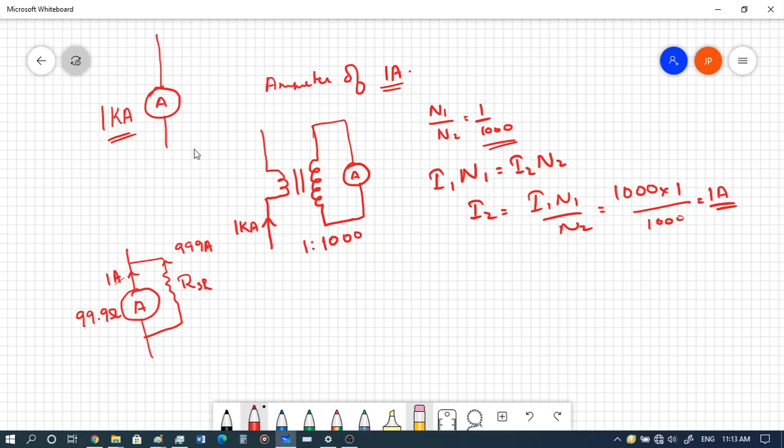We can take the current division rule, right? So here 1 kilo amperes is coming up, so 1 ampere which is flowing through the ammeter is equal to the total current, which is 1000, into the opposite branch resistance, which is RSH, by the total resistance, 99.9 ohms plus RSH.